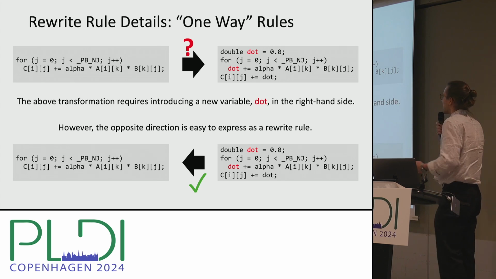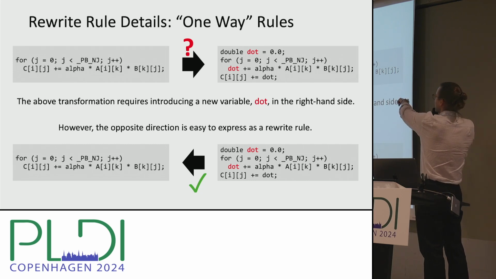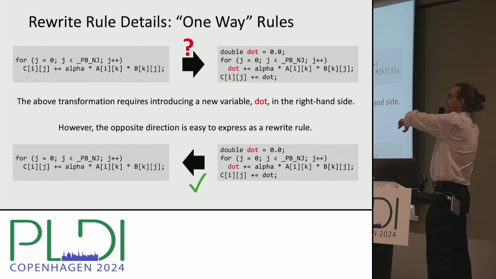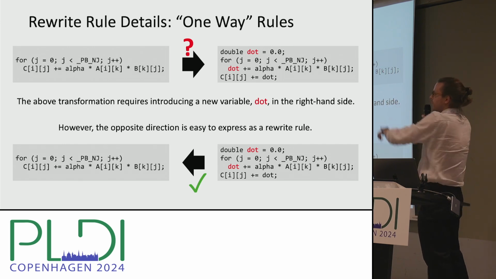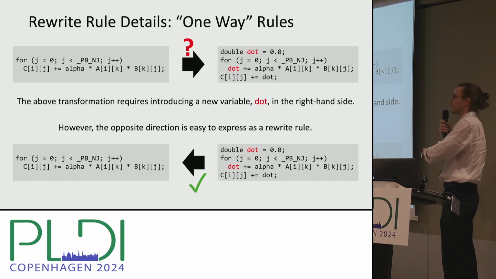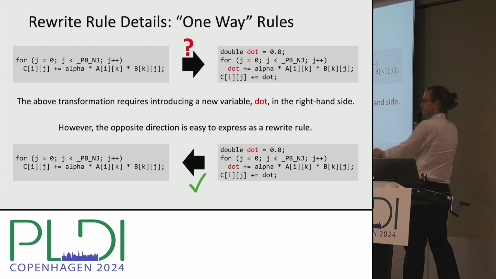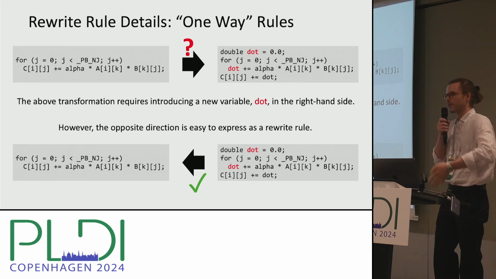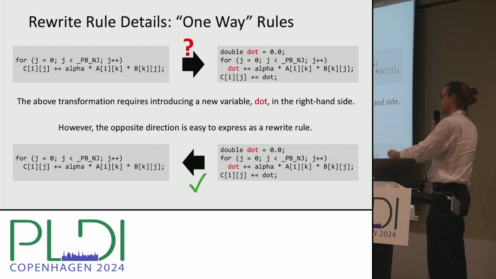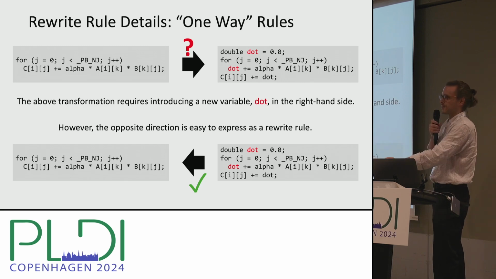So you could imagine the case where my reference implementation is written in the way on the right, and my user input code was written the way on the left, and now there's absolutely no way to transform the input code to the reference implementation. But of course, we can always go in the reverse direction. We can throw away the scalar, which from an optimization point of view is not a good thing to do.